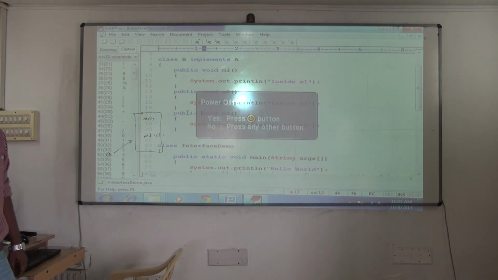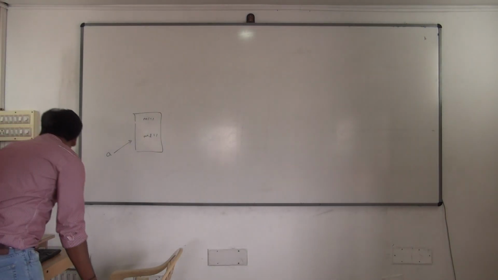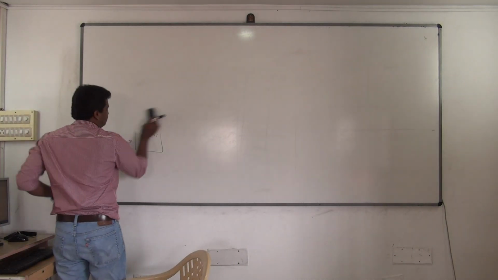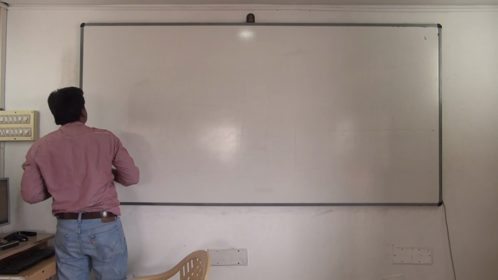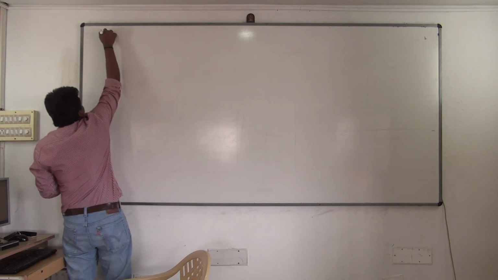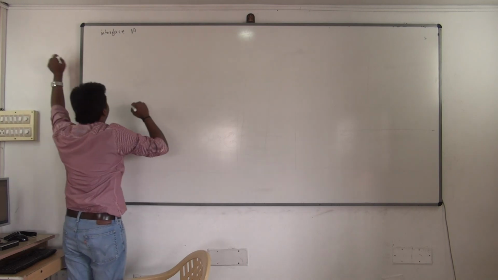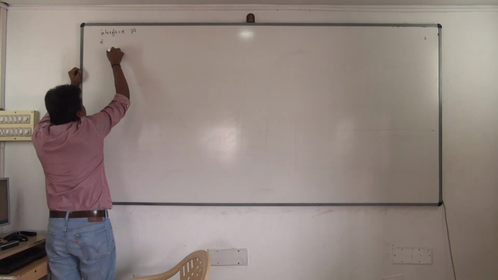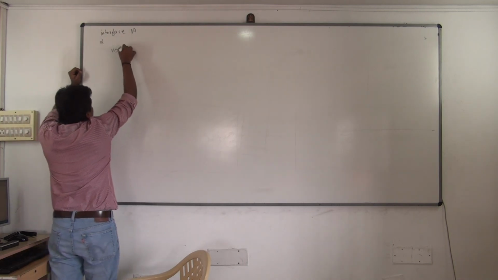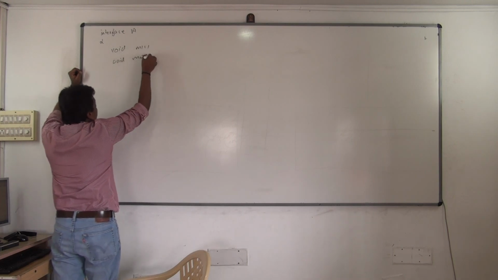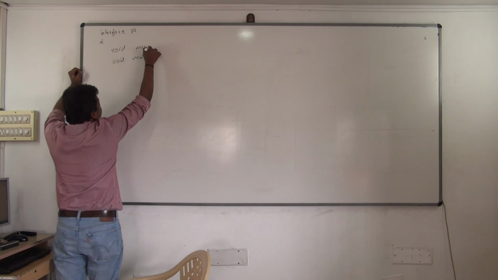Okay. So more things we'll see now. Sometimes there will be scenarios like this. You'll have an interface A. Void M1, void M2, void M3. One more example I am taking now.